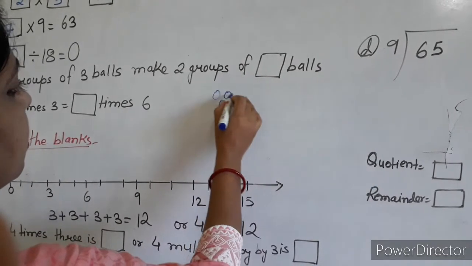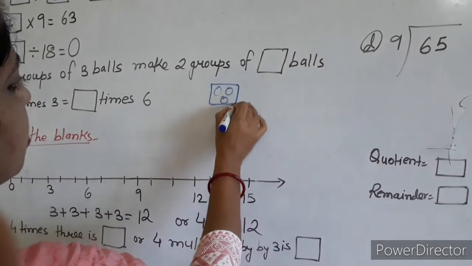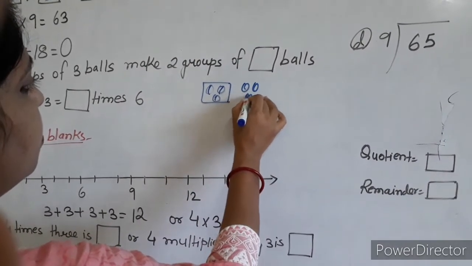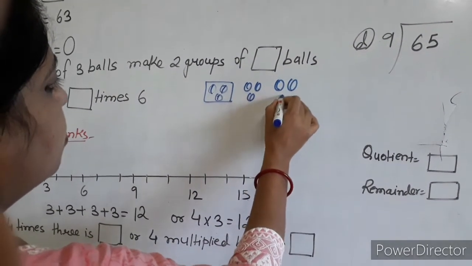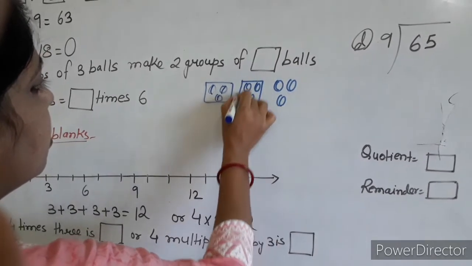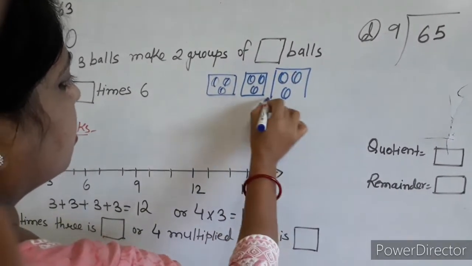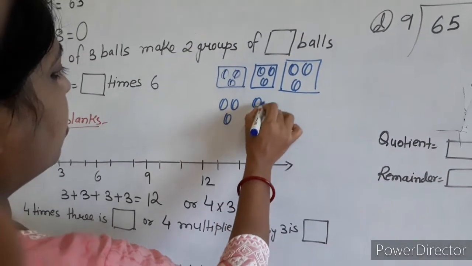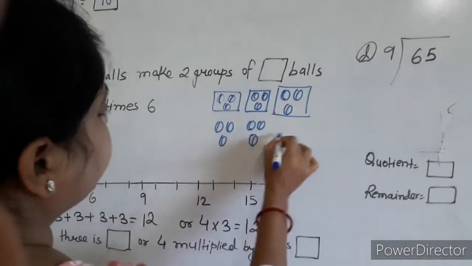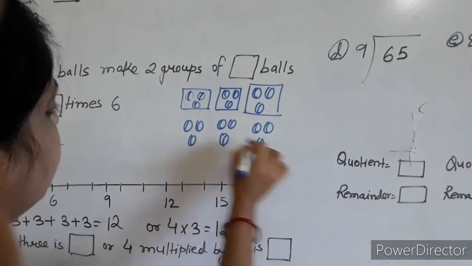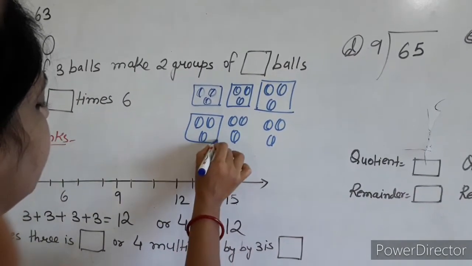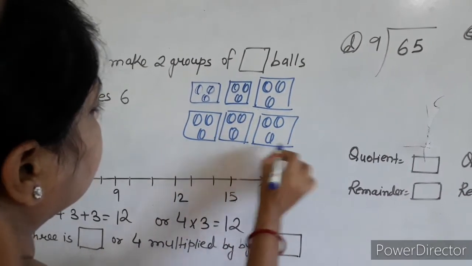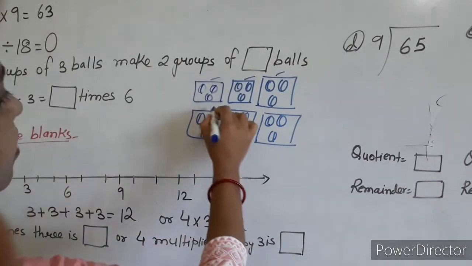1, 2, 3. 1, 2, 3. 1, 2, 3. So here the number of groups: 1, 2, 3, 4, 5, 6.